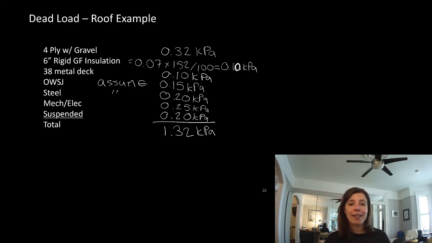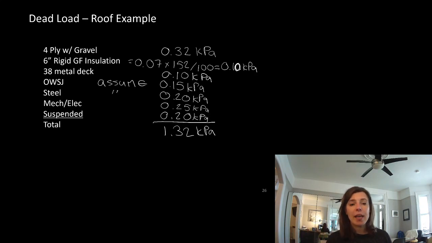The mechanical and electrical doesn't often get hung from the metal deck. It often gets hung from the underside of the open web steel joists. And same with the suspended ceilings. So the open web steel joists carry the mechanical, electrical, and suspended and the deck, but the deck doesn't carry the open web steel joists or the mechanical or electrical or the suspended.